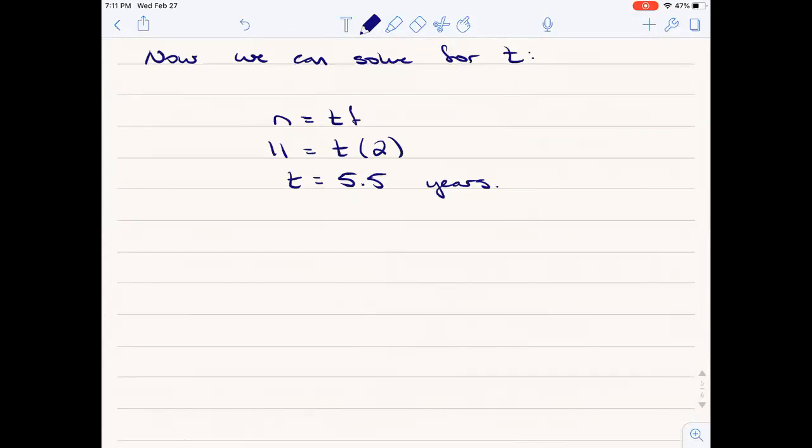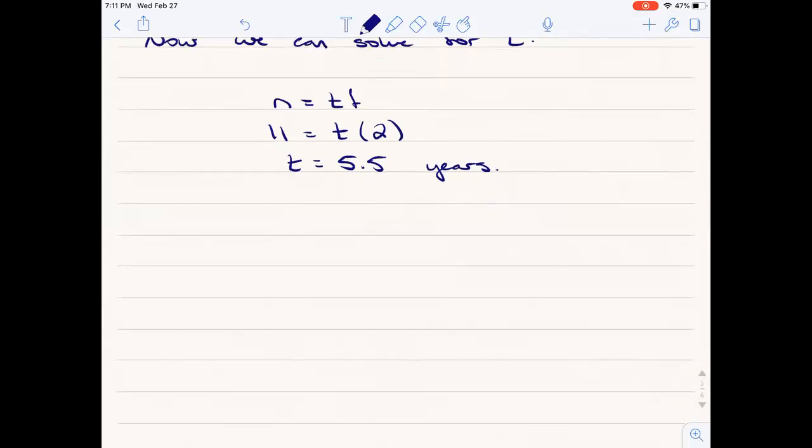Here's a fun one. It's the doubling time. Who's heard of the rule of 72? No? I think you will, because sometimes people have and sometimes people haven't. So doubling time, also known as the rule of 72, is just a quick way to figure out how long any investment is going to take to double.